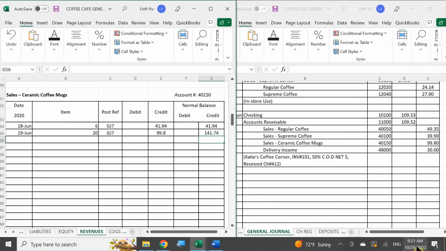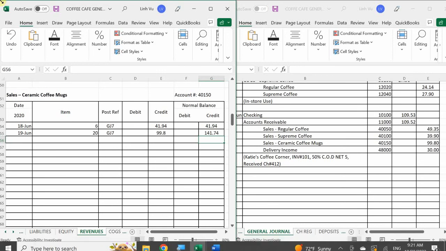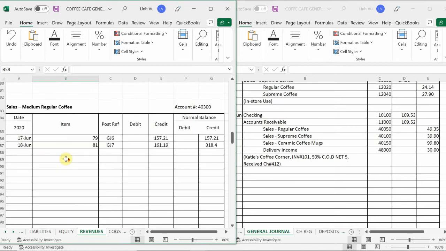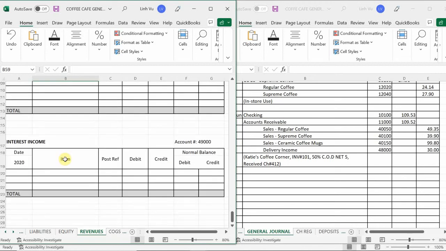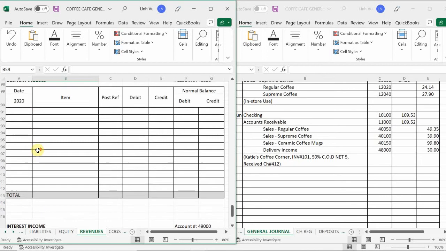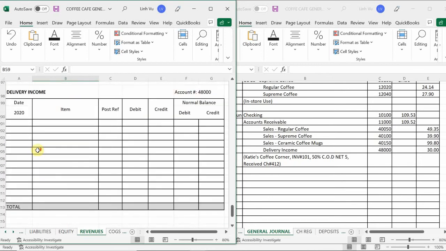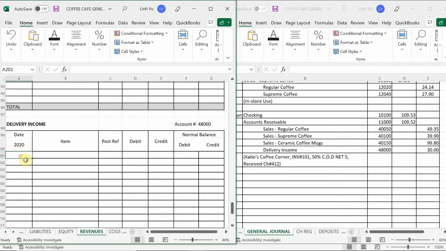Okay. And last but not least, we have a delivery income, and that's for $30. Oh, it's right here. Delivery income.